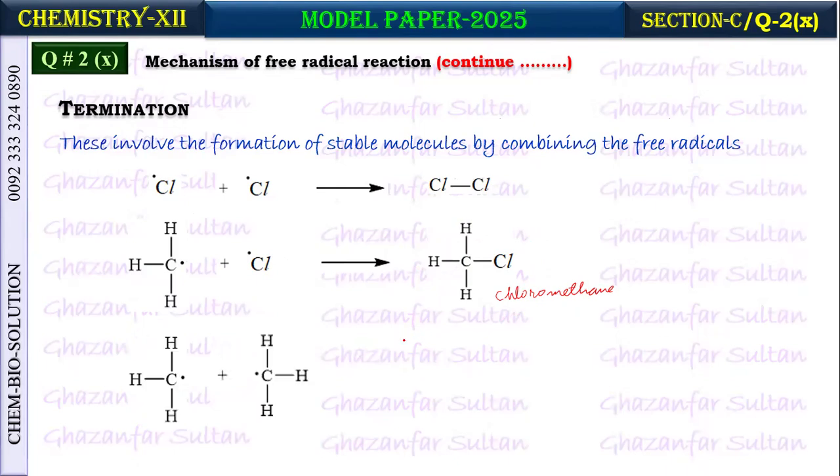Another chance is that two methyl free radicals combine together and attack each other when they collide. What happens? An ethane molecule is obtained. Sometimes they may ask you the reason why ethane is generated during chlorination of methane. The reason is that there are a number of methyl free radicals, and these methyl free radicals can combine to form ethane as well.